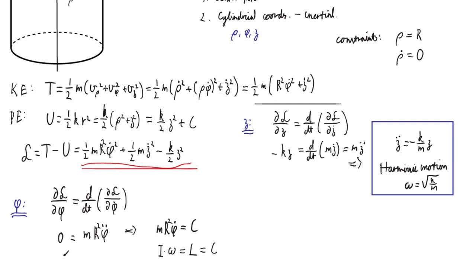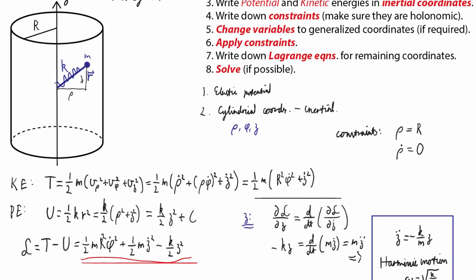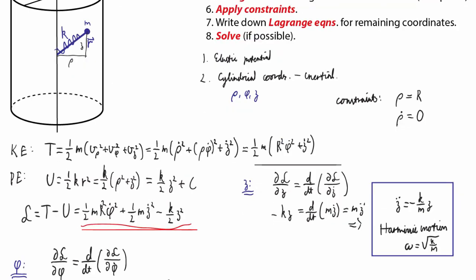Over here we can say this is equivalent to saying that L dot is 0. So we have conservation of angular momentum. So all that's going to happen here is that we have a constant omega. That is, we have constant motion around the cylinder where the angular velocity is constant.